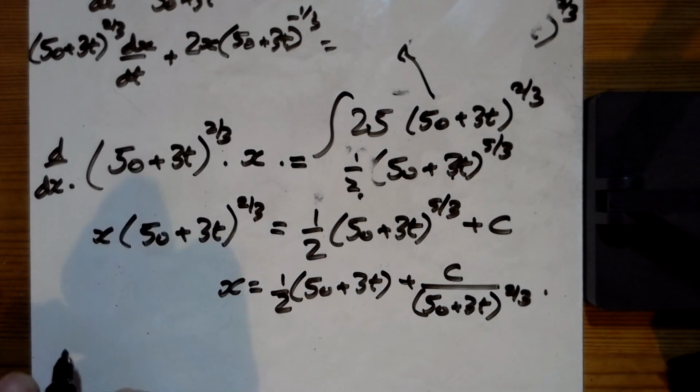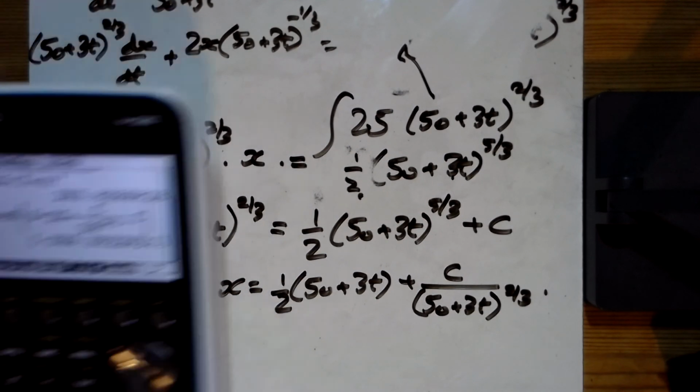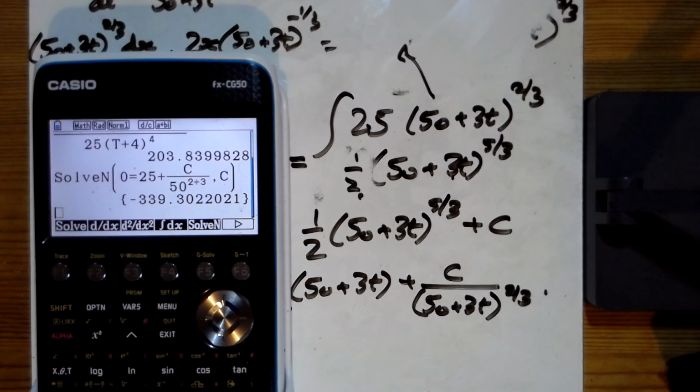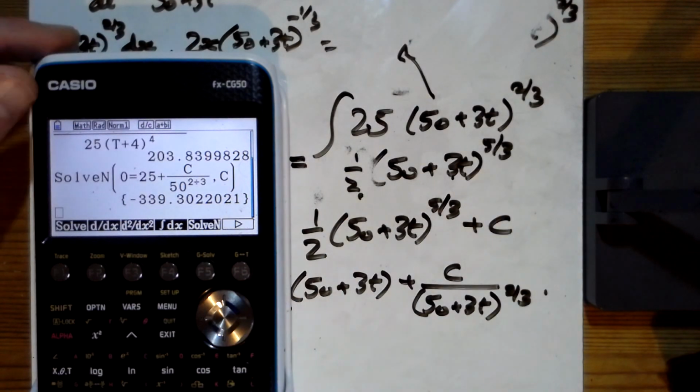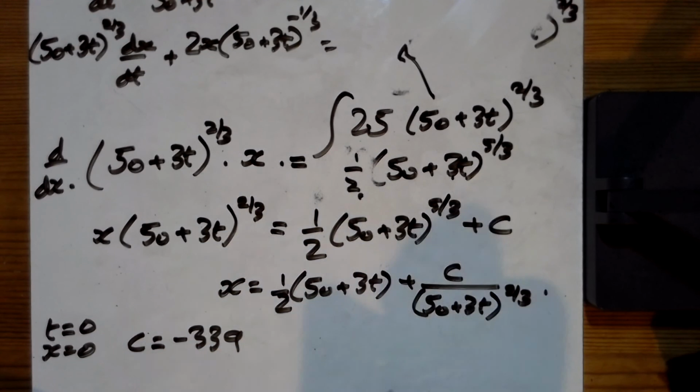Putting in when T is equal to 0, there's no oxygen at all, is there? If T is equal to 0, X equals 0, let's work out what C gives. And I'll confess I just cheated on there, so I've got C as minus 339. And so now, last bit, put in what happens at 4 hours.